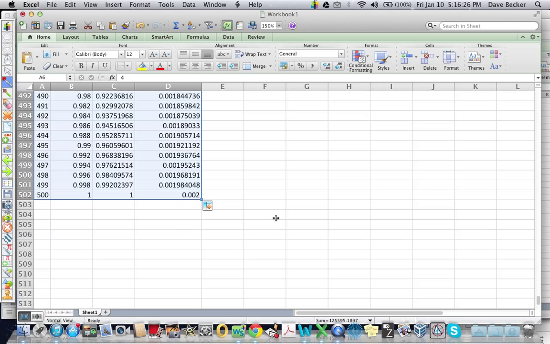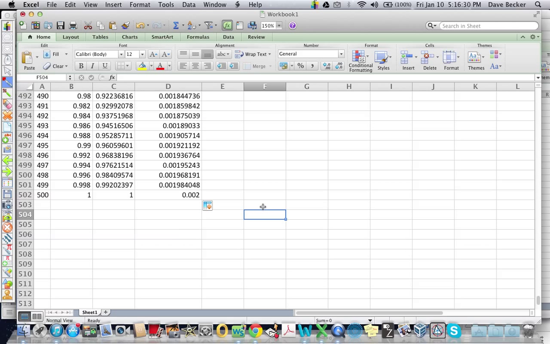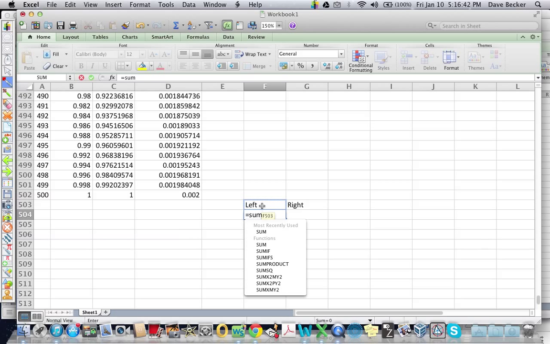Yes, it is. Okay, so now I'm going to do my sums down here because I don't want to drag all the way up, left and right. Okay, so for my left rectangles, that's going to equal the sum from, let's see, D2 to the second to last cell here, and that's going to be D501.